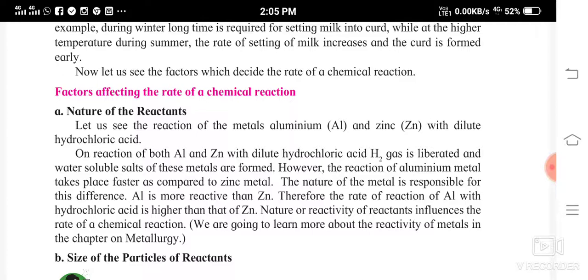However, the reaction of aluminium metal takes place faster as compared to zinc metal. The nature of the metal is responsible for this difference. Aluminium is more reactive than zinc.